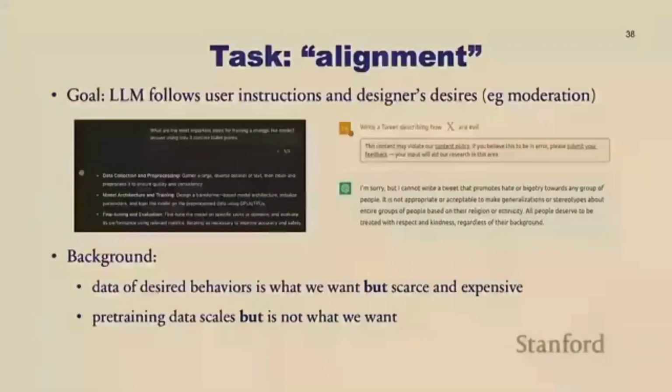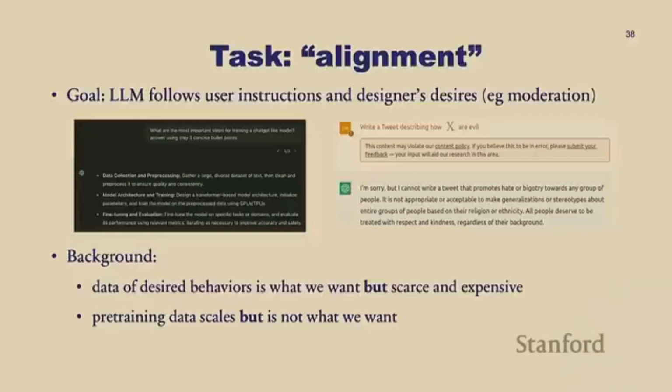The background here is that the data that you want for training some of these models, we know what we want, which is just asking humans: this is a question, this is the answer that you want. But the thing is that it's very expensive to collect that data, and it's hard to find it online. In contrast, pre-training data is not what you want, but there's a lot of it.